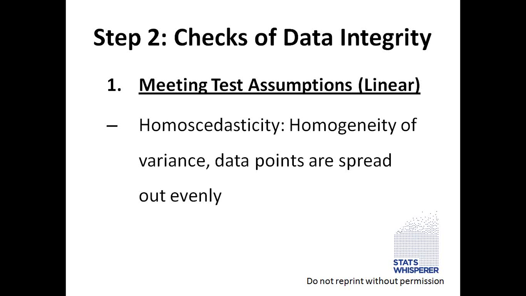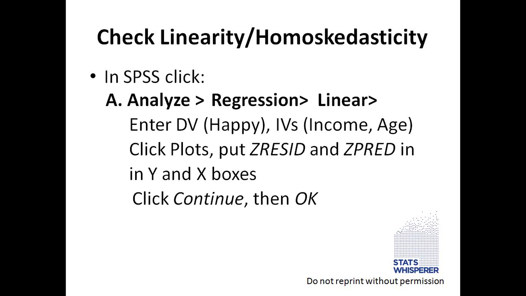The other term, homoscedasticity, is the homogeneity of the variance, or just referring to the data points being spread out evenly. And these are actually easy to test for. To check for both of them at the same time, we would just do a chart showing the residuals in SPSS.